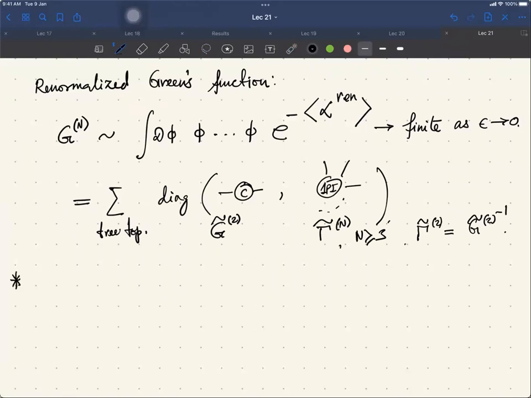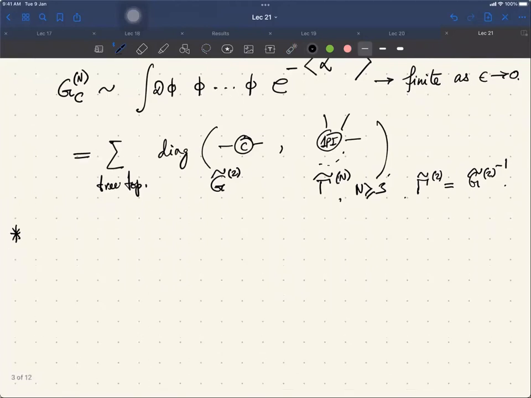And therefore, these connected Green's functions are all finite. All these gamma tildes, they are also proper vertices. They are also finite, and they are written in terms of m, lambda, mu.